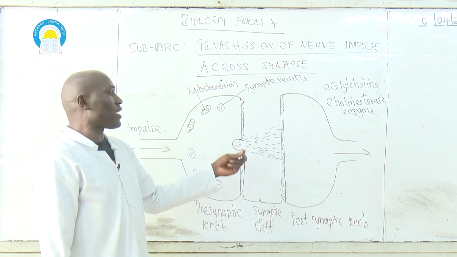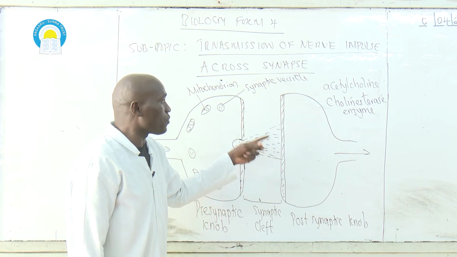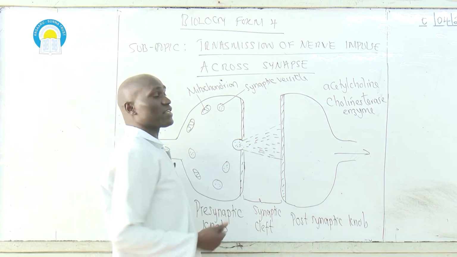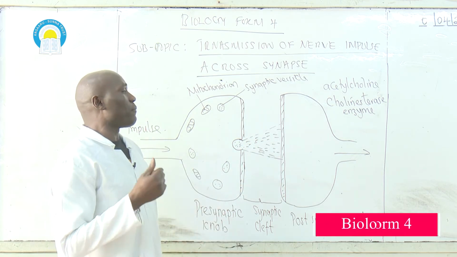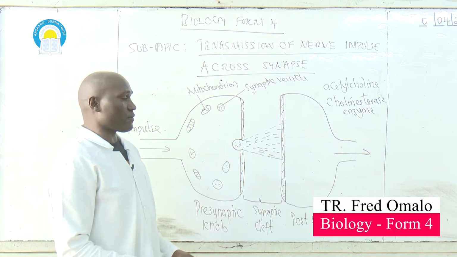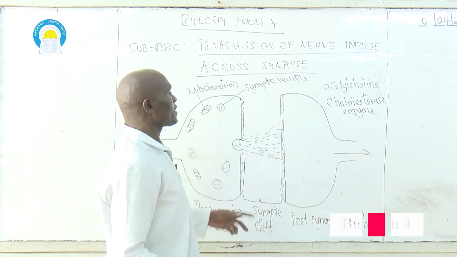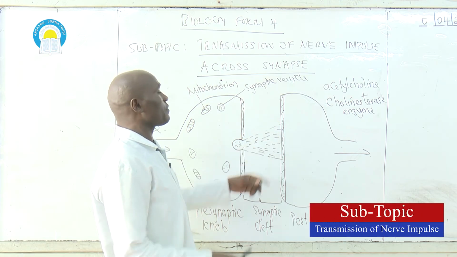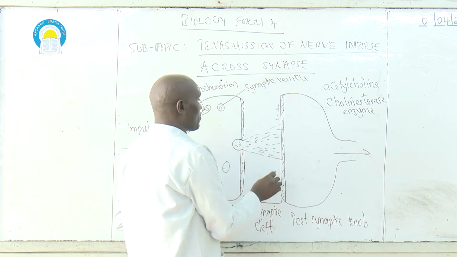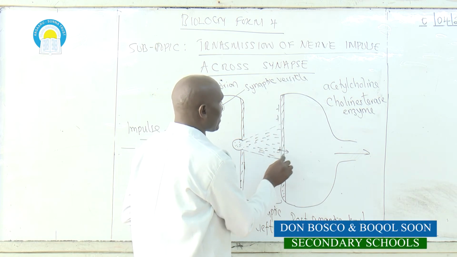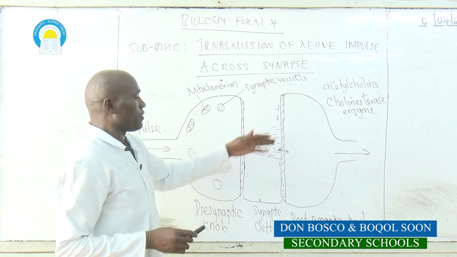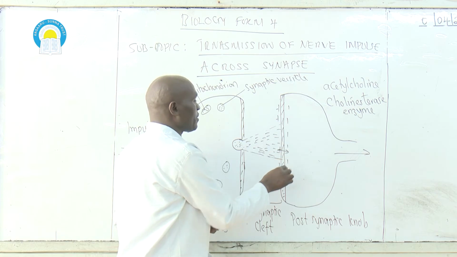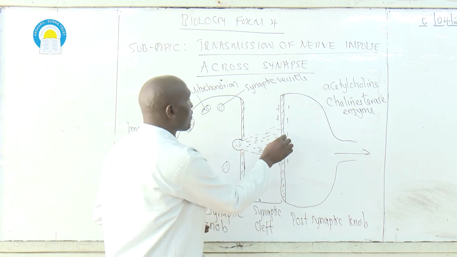Once acetylcholine attaches itself onto postsynaptic membrane, it stimulates postsynaptic membrane and therefore makes it undergo depolarization. Depolarization in the sense that the outer part, which is positively charged, will turn out to be negative. That means positively charged ions on the outer part will enter into the postsynaptic knob. The negatively charged ions inside postsynaptic knob will move out.